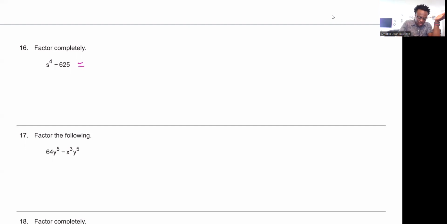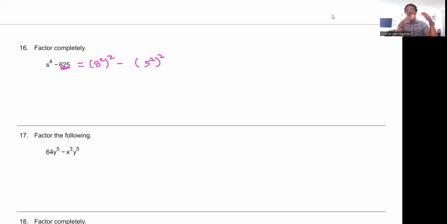So for this one, we can have s squared, squared, minus 25 squared, since the square root of 625 is 25. But because 25 is also 5 squared, we can write it this way too: 5 squared, squared.